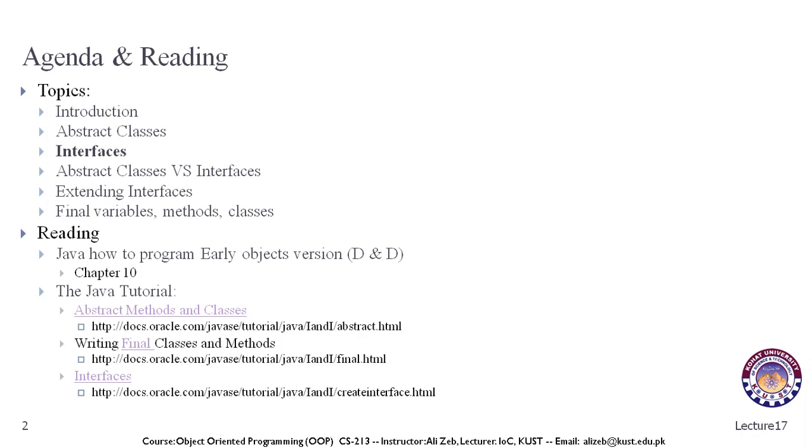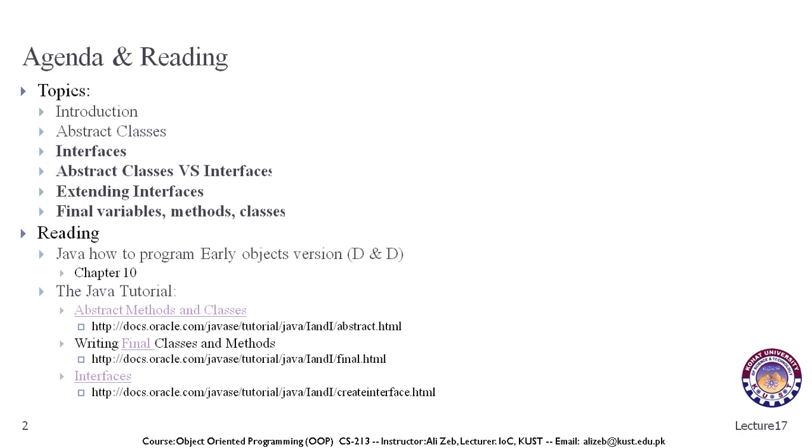We will discuss interfaces. We'll also discuss comparison of the interfaces with the abstract classes. We'll look at extending interfaces and we'll see how it is different from extending classes. And we will also discuss final variables, final methods and final classes briefly.